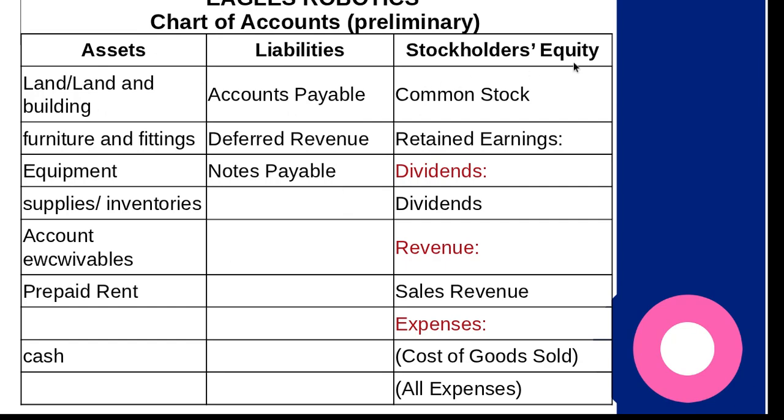Then the shareholders' equity, we have the common stock, which is the capital. We have the retained earnings, which can be generated from maybe the dividend the business received, the sales revenue. And I say here that these expenses, I put them in brackets because they will be subtracted from the revenue, sales revenue, to get your profit.